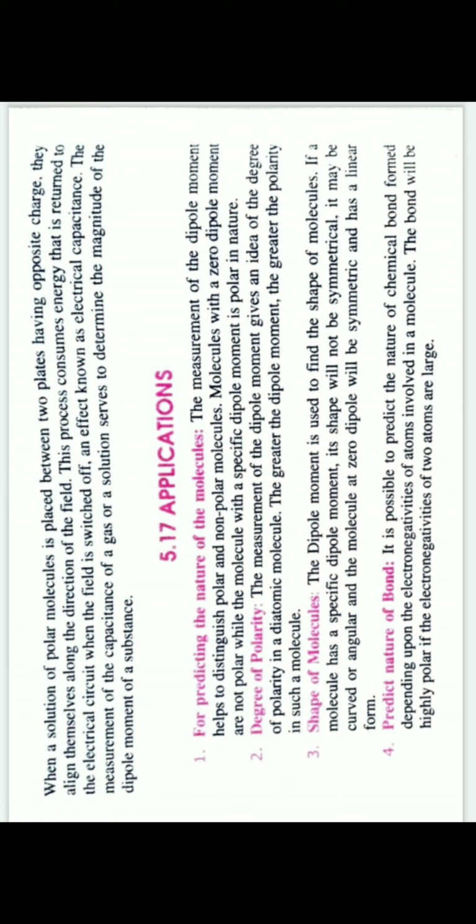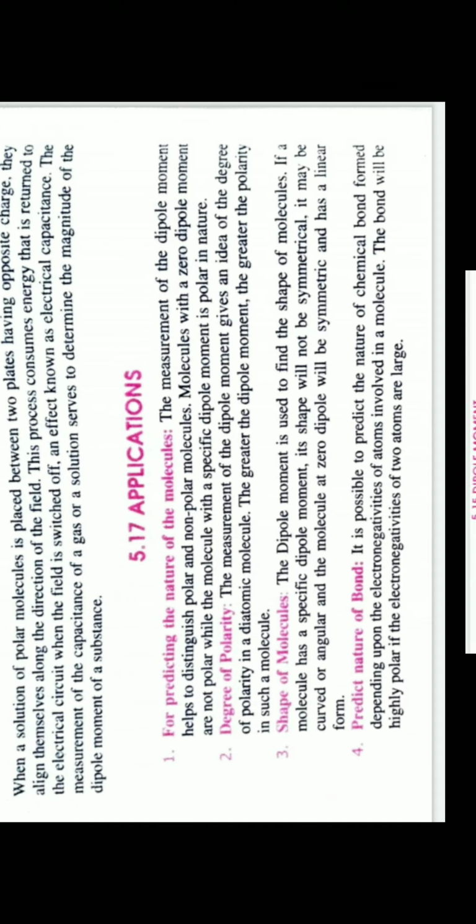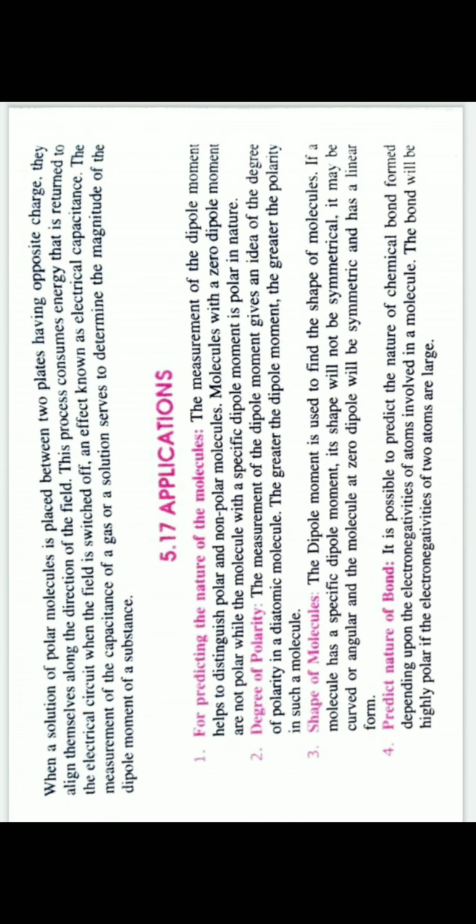In return, the electric circuit is passed, and when the switch is turned off, the effect is known as electrical capacitance. So the measurement of the capacitance of a gas or solution determines the dipole moment of a substance. This electrical capacitance determines the dipole moment of the substance.